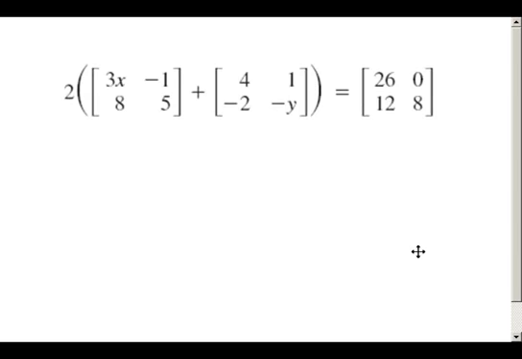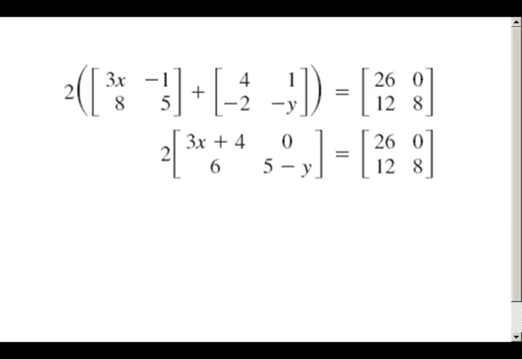All right, so we put together all the stuff that we just talked about. We can solve a matrix problem that looks kind of like this. You have a scalar outside of two matrices being added together, and we have this solution matrix. So we need to try to solve for x and y. A couple of different ways you could go about this, but one way would be to do the stuff in parentheses first, and you get something that looks like this because you're adding the corresponding entries. So we have 2 times stuff inside of this 2 by 2 matrix.